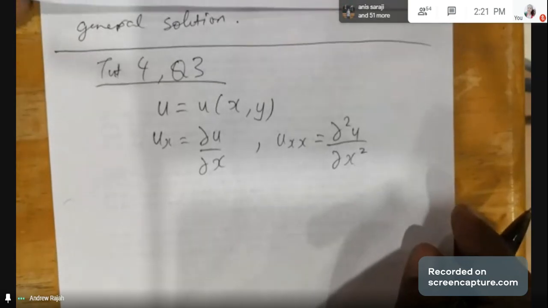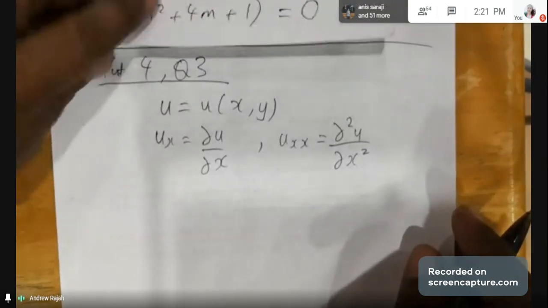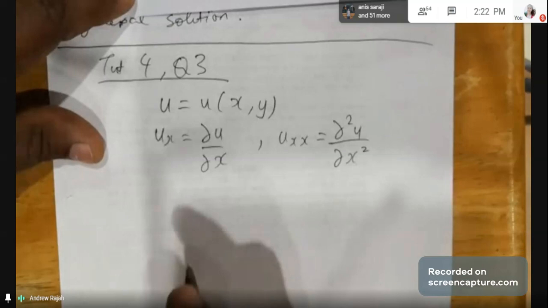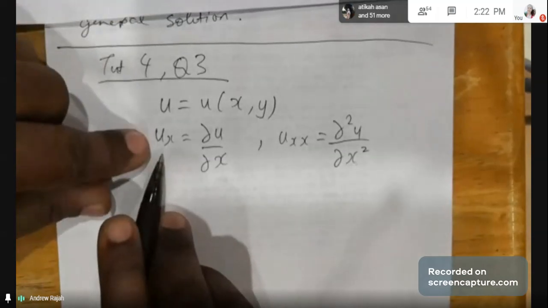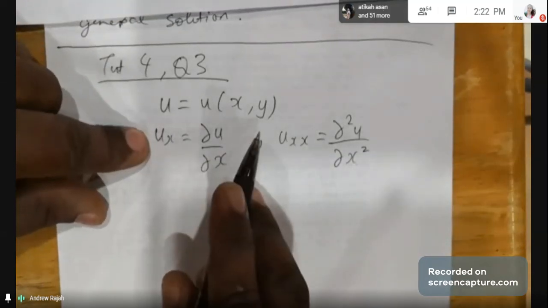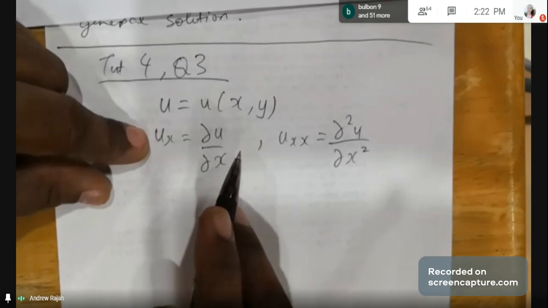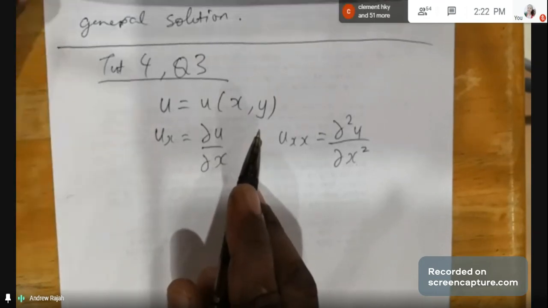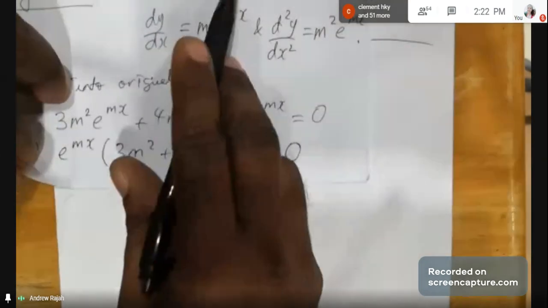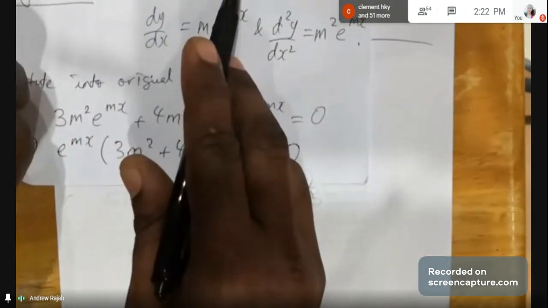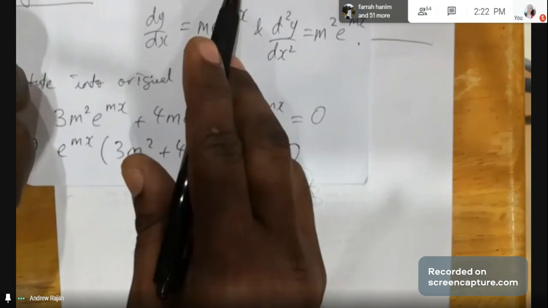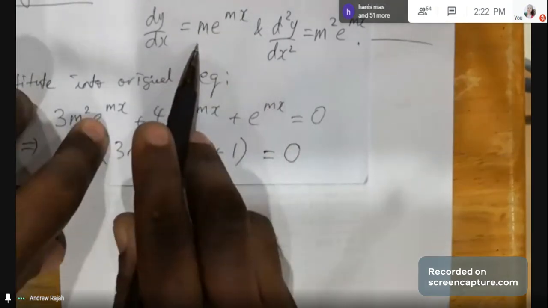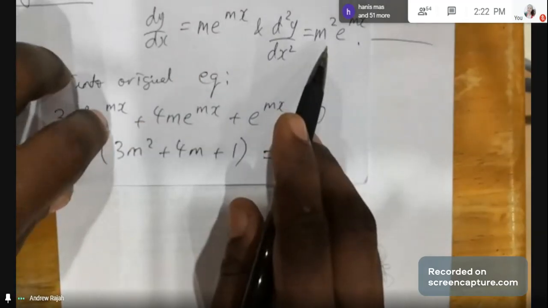Okay, so you go back to the theory behind this. How do you find del u del x? By assuming the functions in y are constant. Here m is a constant, correct? So you get this and this.